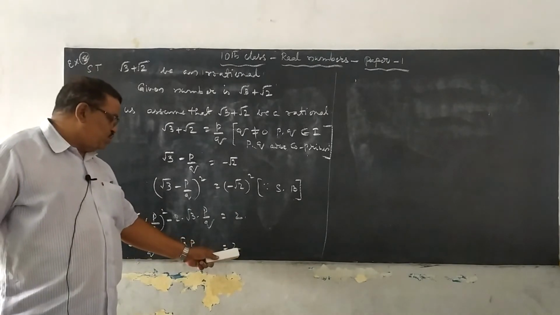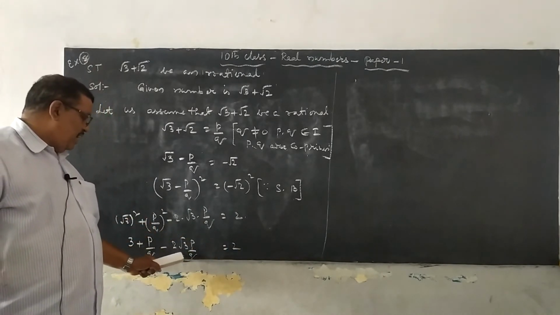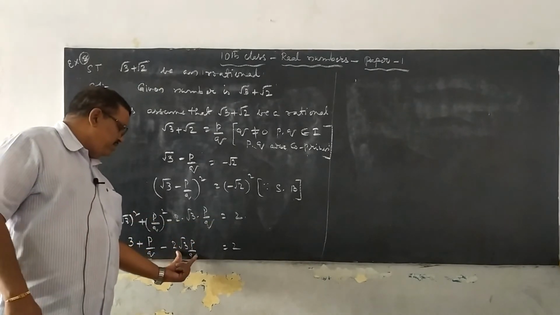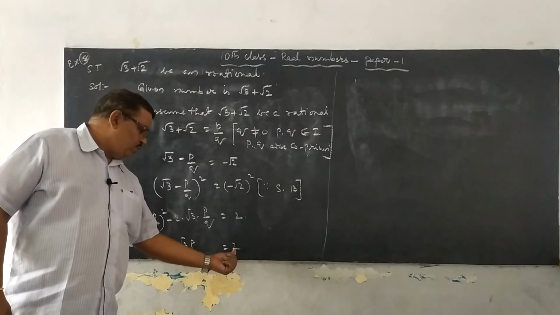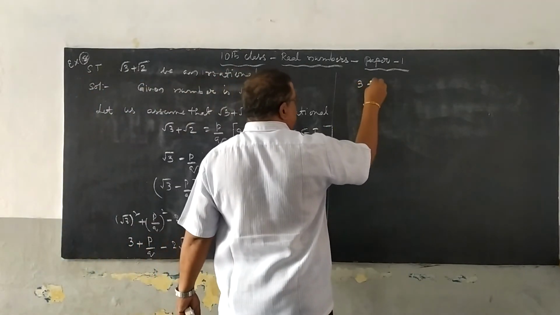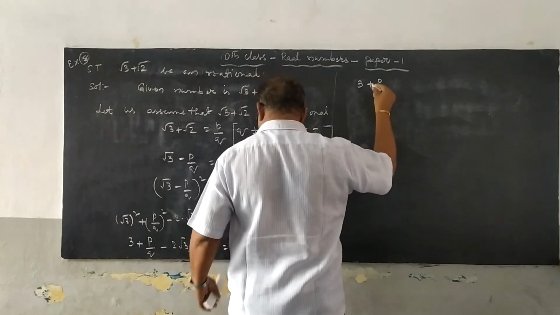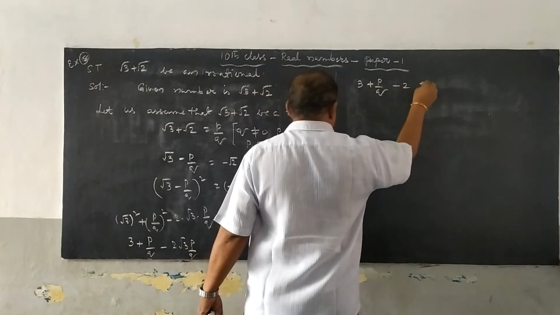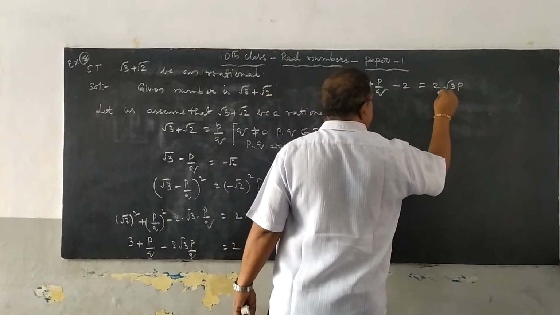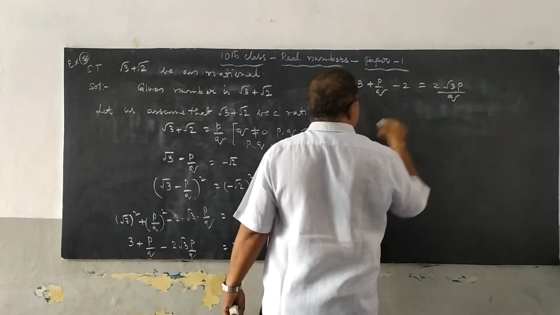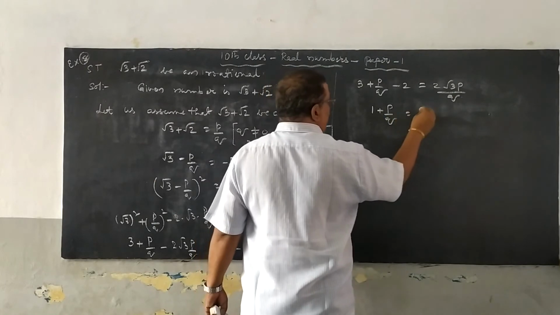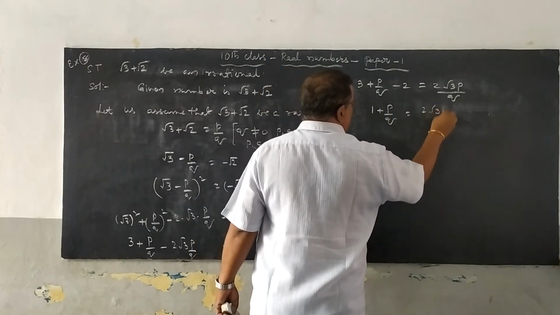Now transpose 2 to the LHS and the third term, 2 root 3 p by q, to the RHS. Then you get 3 plus p squared by q squared minus 2 equal to 2 root 3 p by q. 3 minus 2 is 1, so 1 plus p squared by q squared is equal to 2 root 3 p by q.